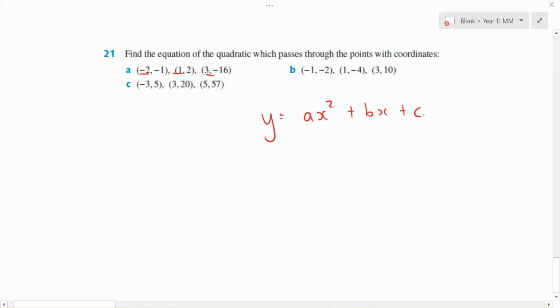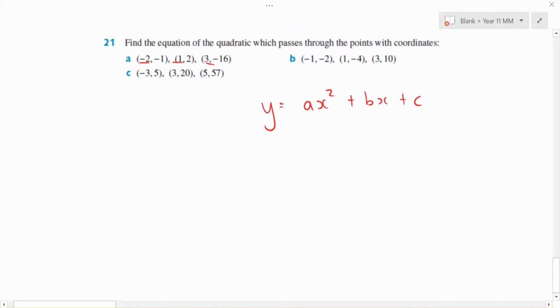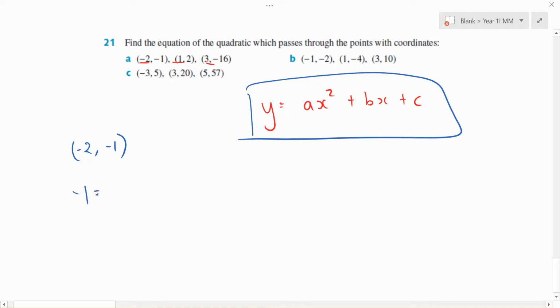Now the pain with this is if you were to do it by hand, it's such a pain. Because what you're going to be doing is saying, okay, when x is negative 2, y is negative 1. So using this equation, negative 1 equals a times negative 2 squared plus b times negative 2 plus c. This simplifies down to 4a minus 2b plus c.